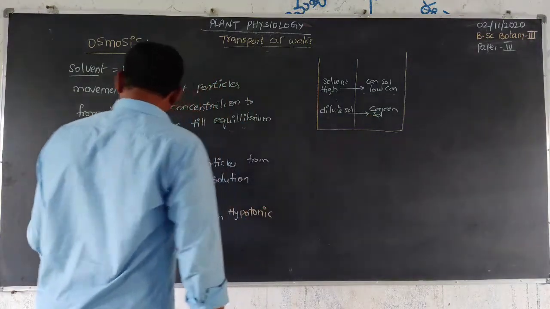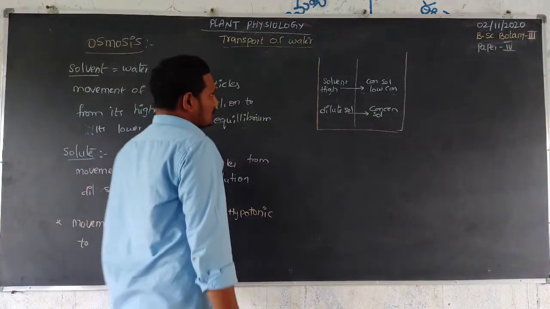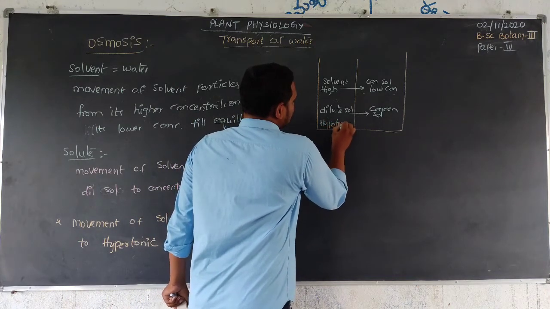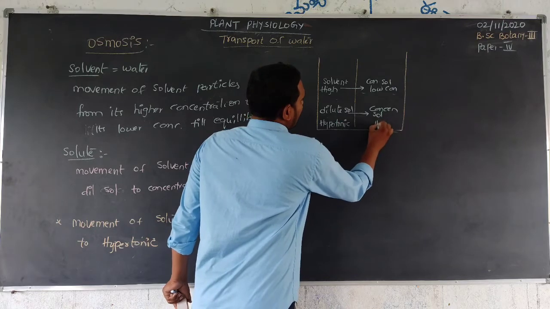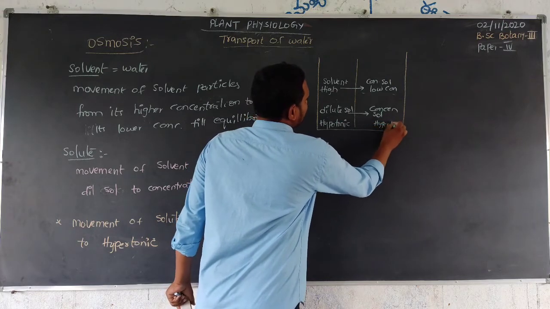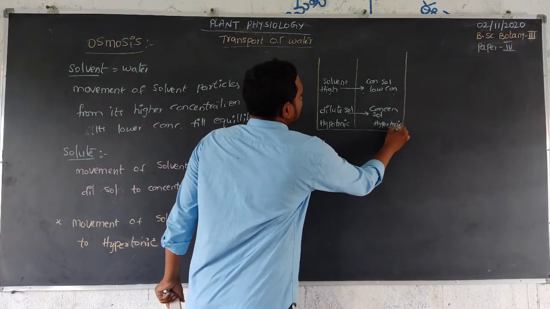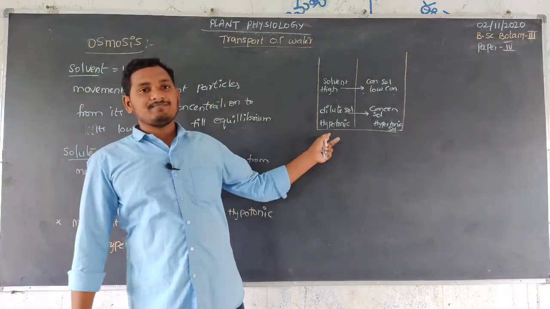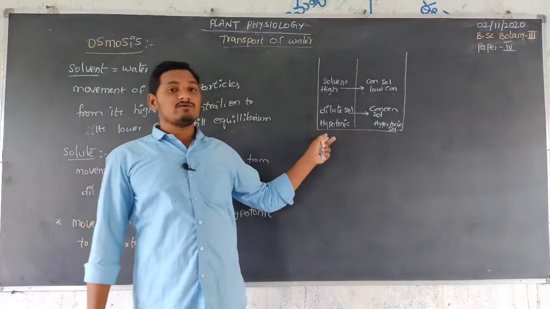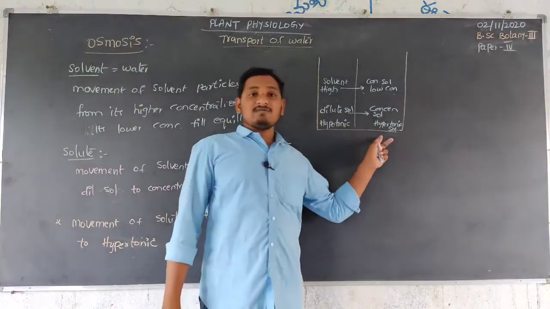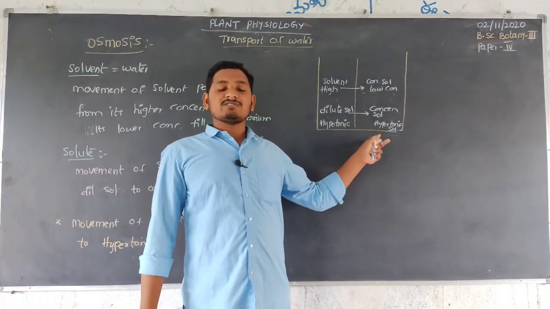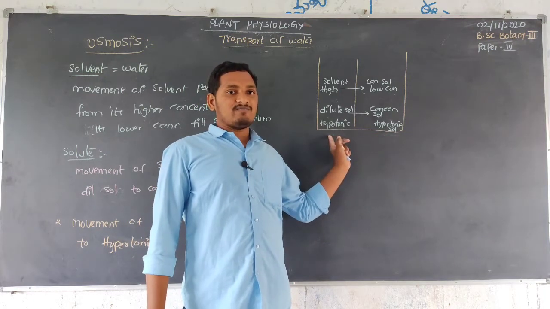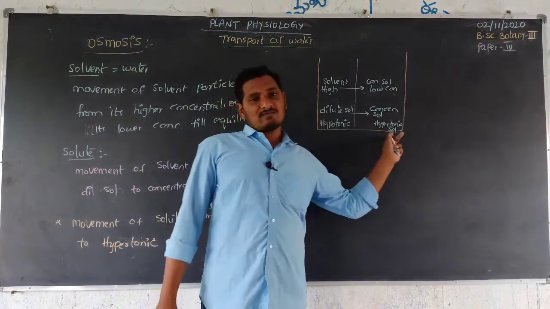Next, in terms of hypotonic and hypertonic. Here we have taken a hypotonic solution and a hypertonic solution. Hypotonic solution is less concentrated and free water molecules are more. Hypertonic solution is highly concentrated, with fewer water molecules.